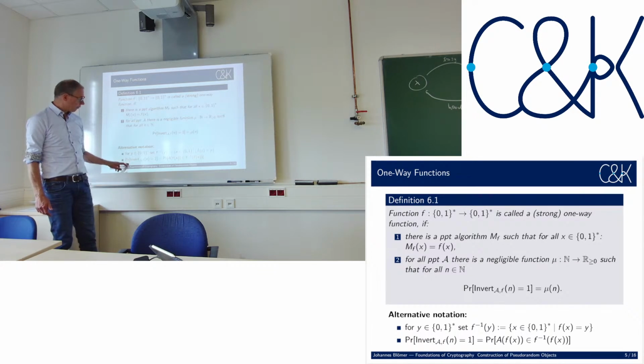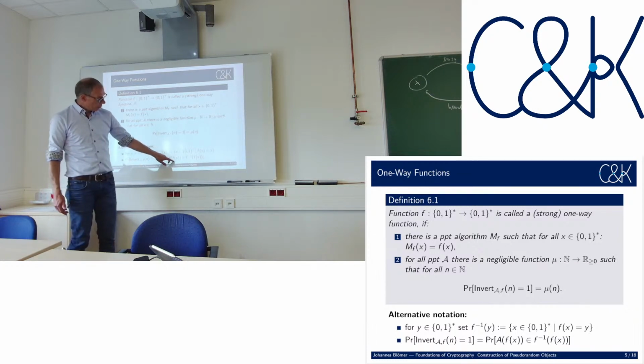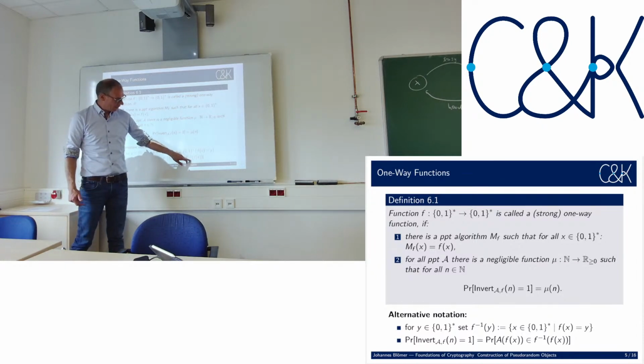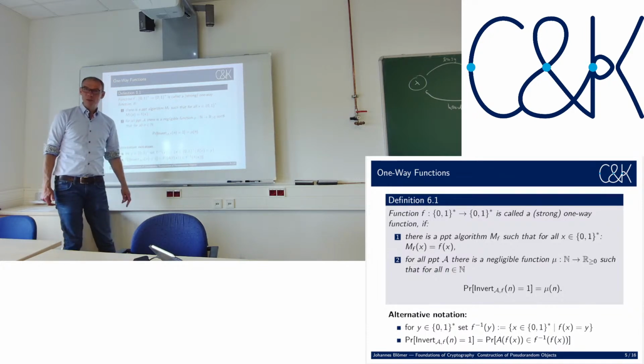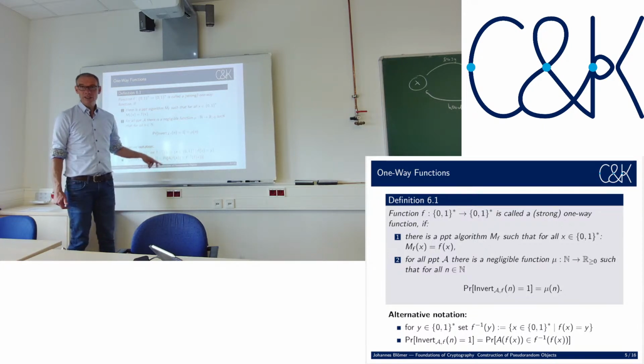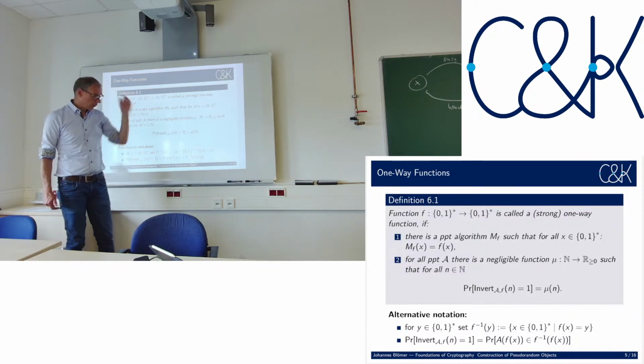And then we can write this probability, that A wins the inverting game against f, as the probability that A on input f of x, which we denote by A of f of x, the output of A on input f of x, lies in f^-1 of f of x. Which means that, so this is our y, it just has to produce one element from this set, not necessarily the original.